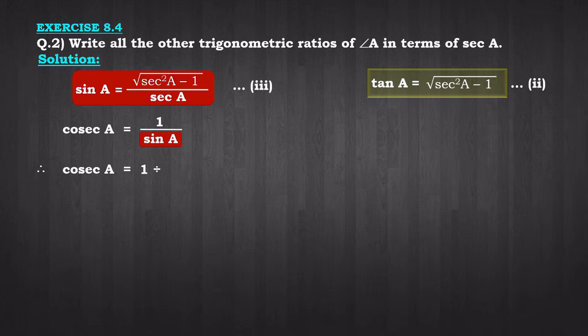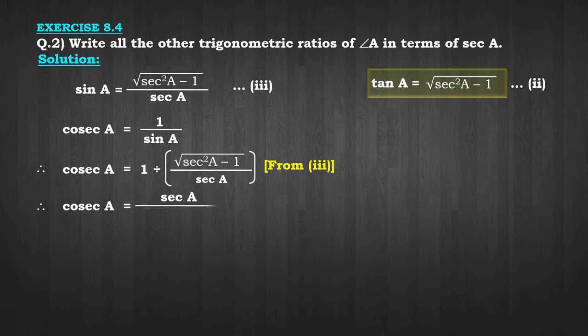This gives cosecant A is equal to 1 divided by the square root of secant squared A minus 1 divided by secant A. Dividing by a fraction is the same as multiplying by its reciprocal. Therefore, cosecant A is equal to secant A divided by the square root of secant squared A minus 1.